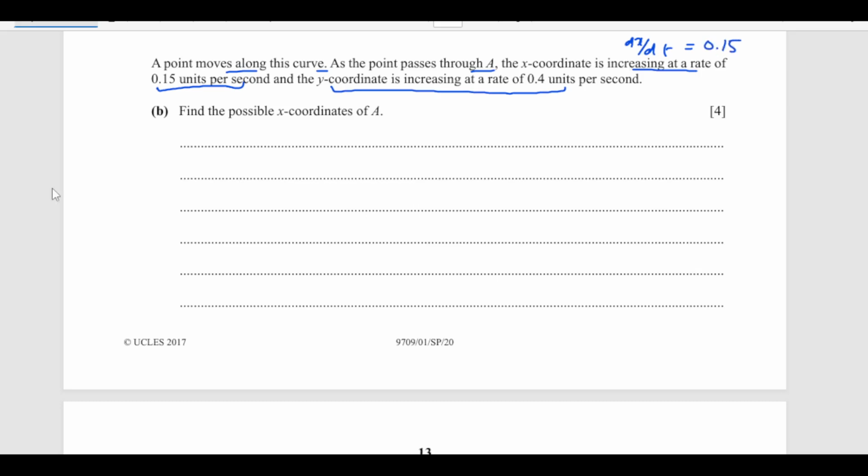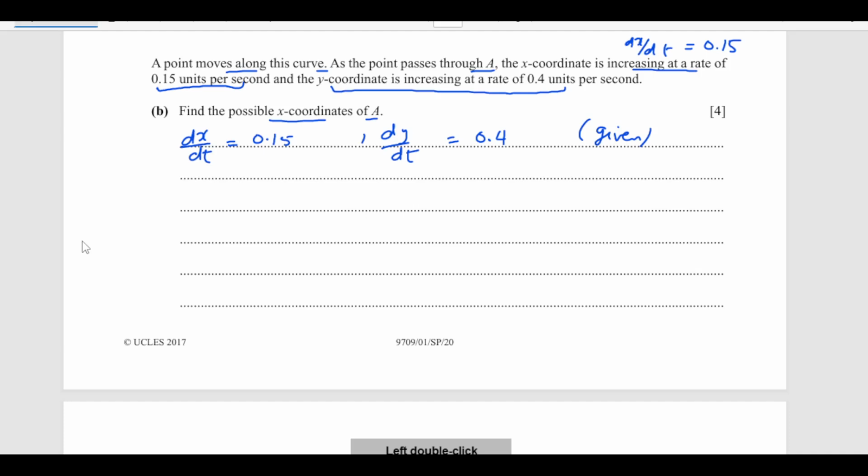Let me rewrite here: dx over dt equals 0.15 units per second, and the y coordinate, dy over dt, which is given as 0.4, right. So, these two things are given to us. Find the possible x coordinates of A. So, we are just looking for the x coordinate.